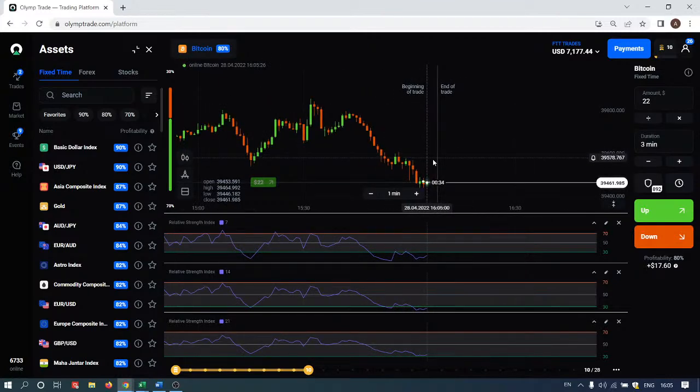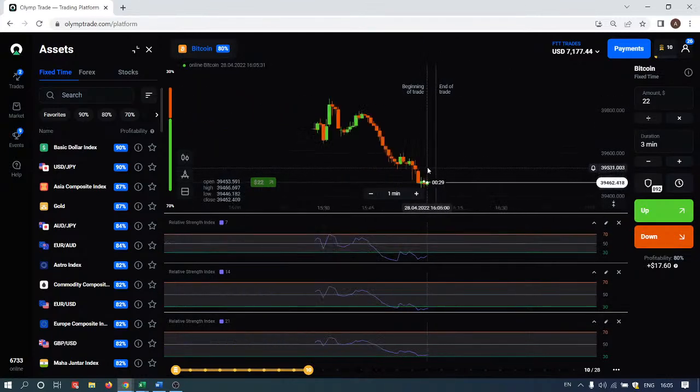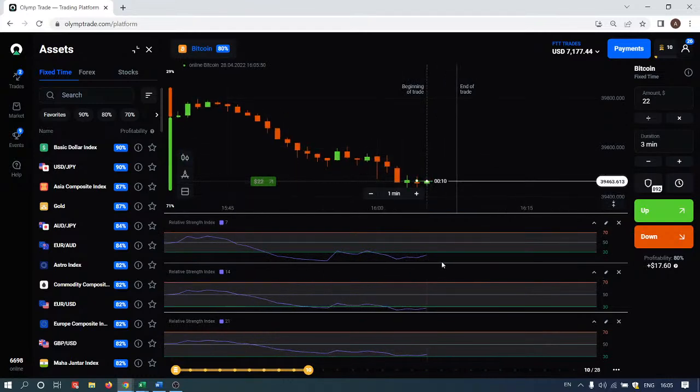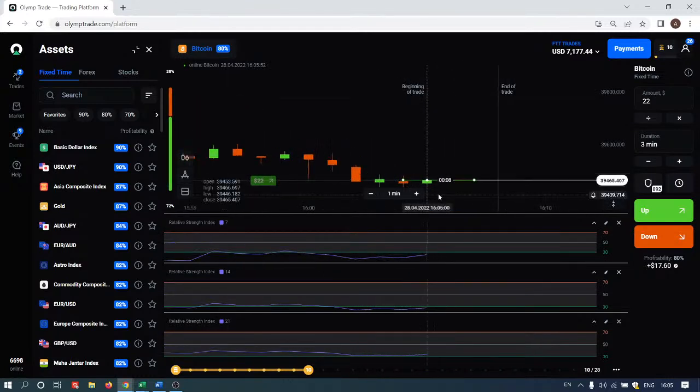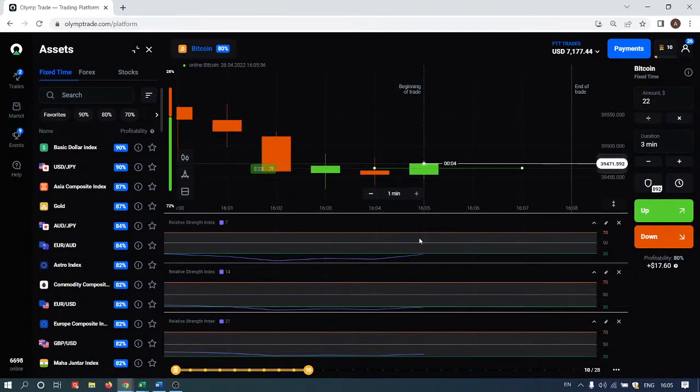To put it in simple words, what is the meaning behind the RSI indicator? Well, the meaning is simple. The RSI indicator shows us when the chart has traveled up or down a little bit too fast. It identifies these sharp movements of price, and when that happens, we can open trades.